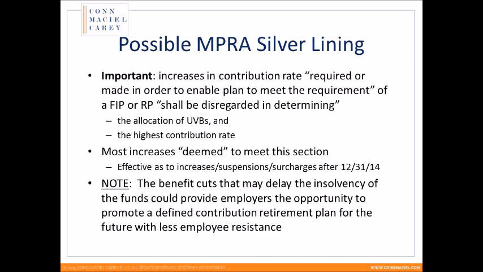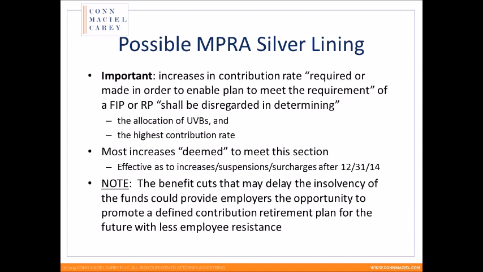This passed in 2014, and there's a section of the statute that says that increases in the contribution rate required or made in order to enable the plan to meet the requirement of a funding improvement plan or a rehabilitation plan shall be disregarded in determining your allocation of unfunded vested benefits, and this is the key, the highest contribution rate.